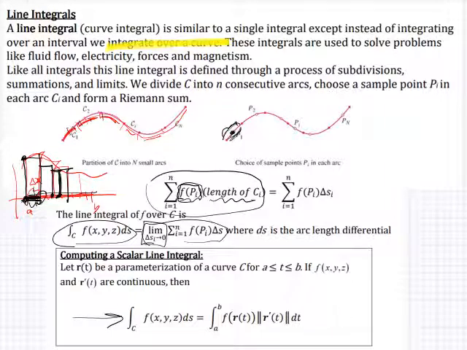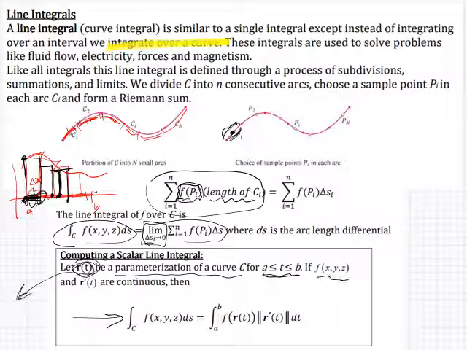So let's say we have a curve, r of t is a parameterized curve. Okay, we talked about these vector valued functions. Okay, vector valued functions trace out curves in 2D and 3D space. So we're going to parameterize a curve through one of these vector valued functions. We're going to let t range from a to b along that curve.